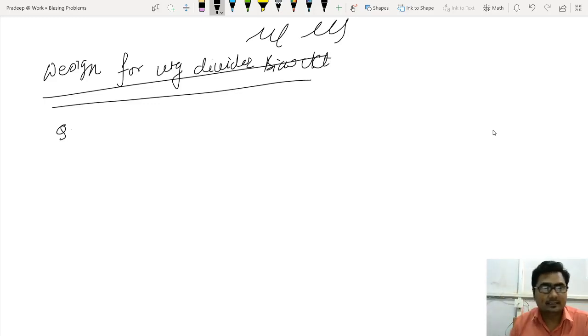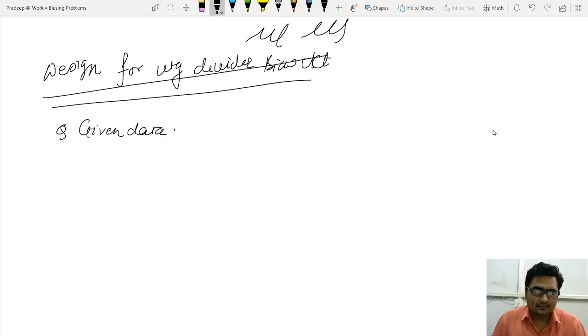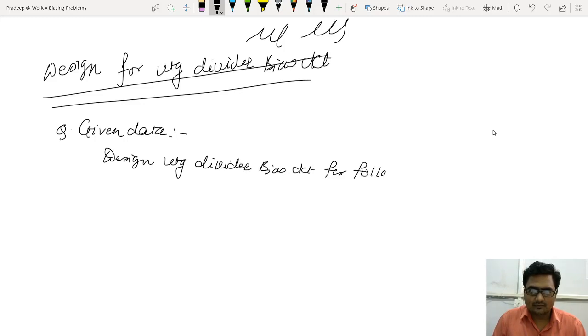So see, let me list out whatever things are given. I'll write the given data. What are the given data? Design a voltage divider bias circuit for the following specifications.